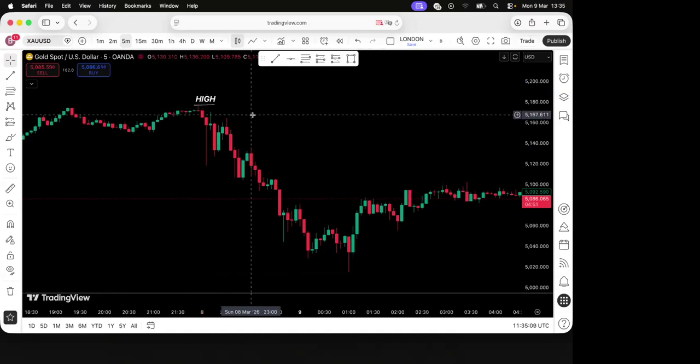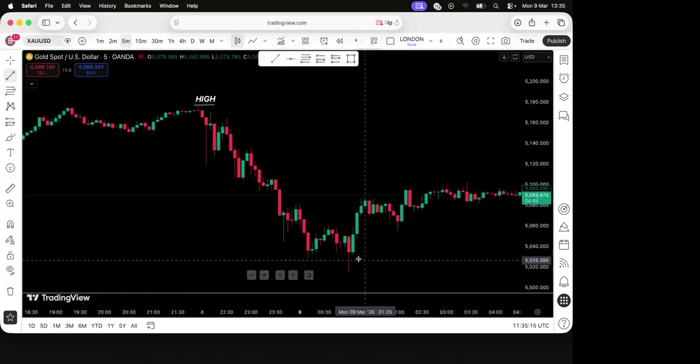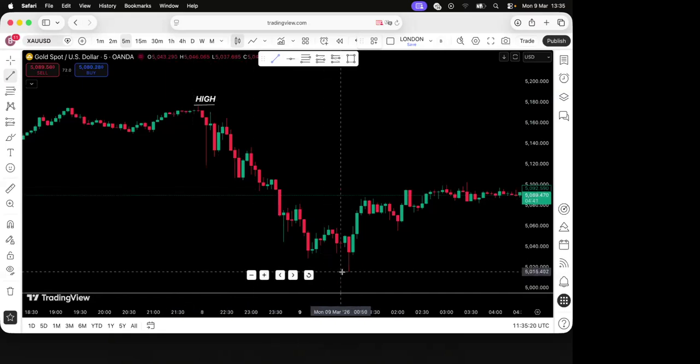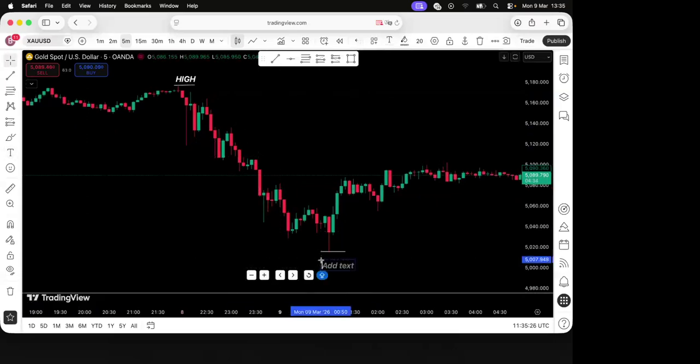What am I going to identify next? A low. The most obvious low on this chart is at the very bottom here. So you've got your high and your low down here. Let's mark that up as a low inside of the market.